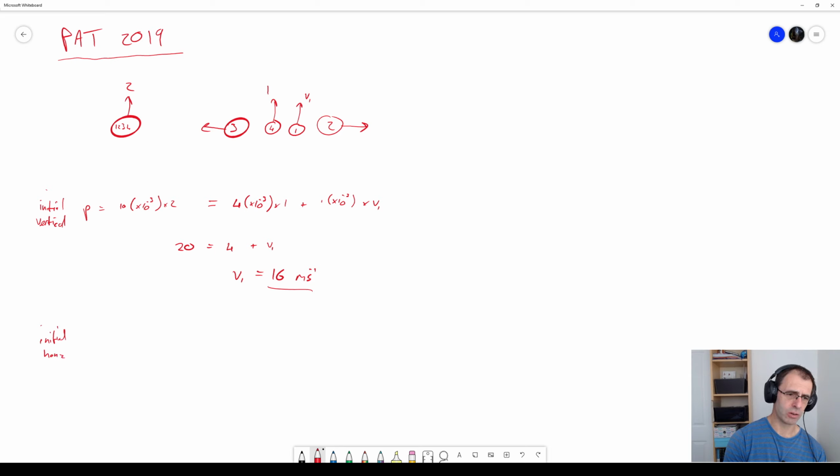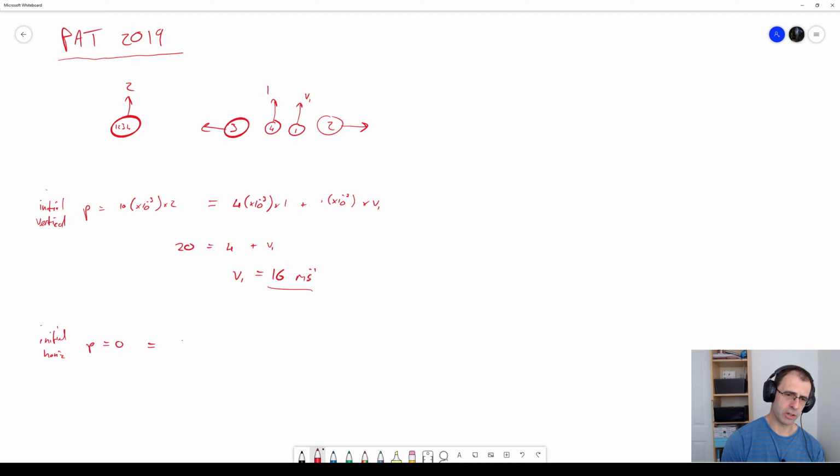So the initial horizontal momentum, P equals 0, must be equal to, I've chosen 3 to be going to the left and 2 to the right. It isn't going to matter which way around you do that. We're only after speeds here, because what we're after is a relationship between the velocities of 3 and 2.